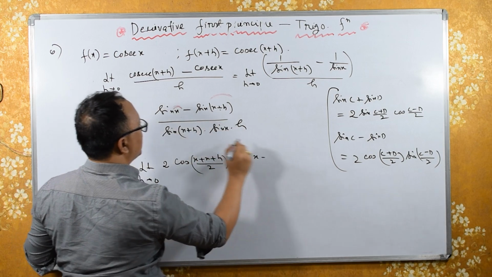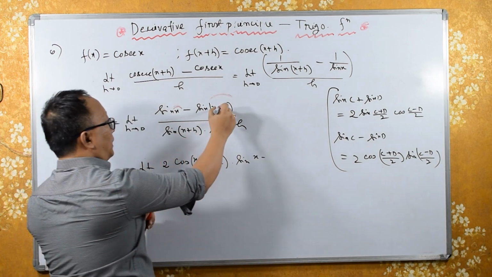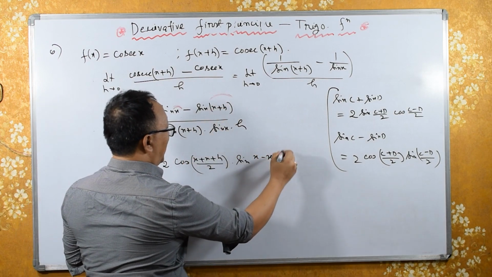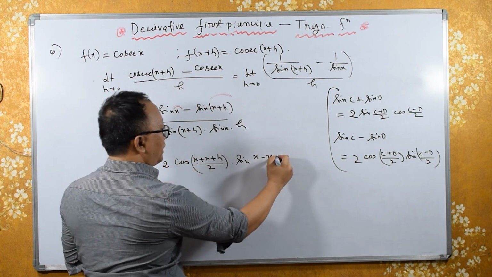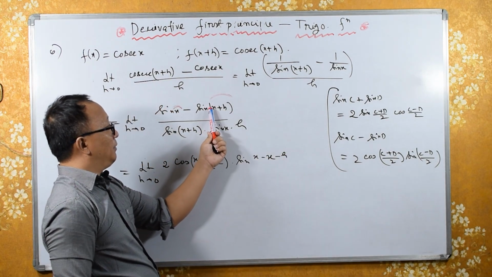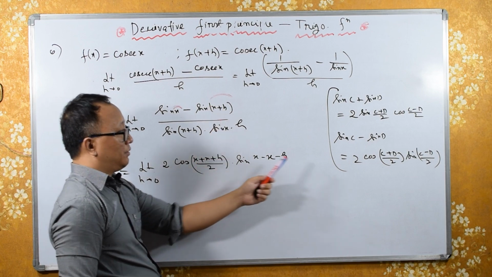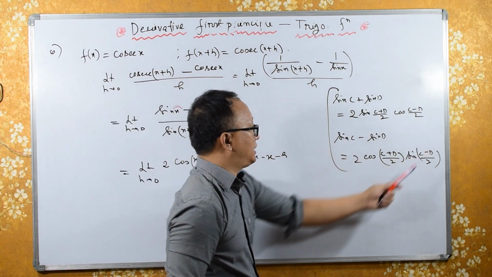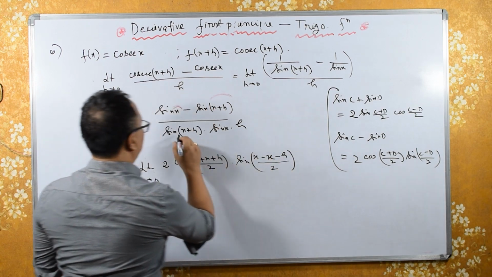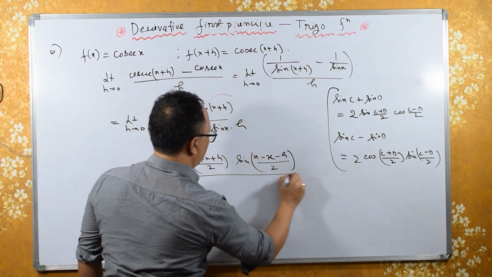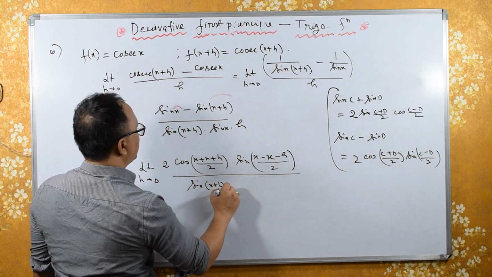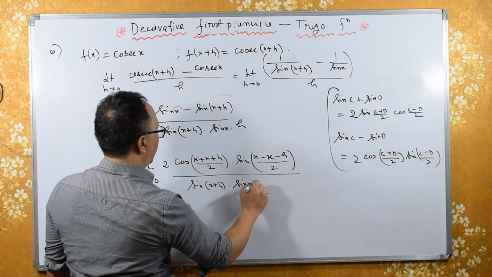Here it is x minus, since plus is there, so I am sending minus inside. It will be minus x, and be careful, it should be minus h, because I am sending the minus outside. It will be minus x and minus h, upon 2. And in the denominator we have sine of x plus h, sine of x into h.